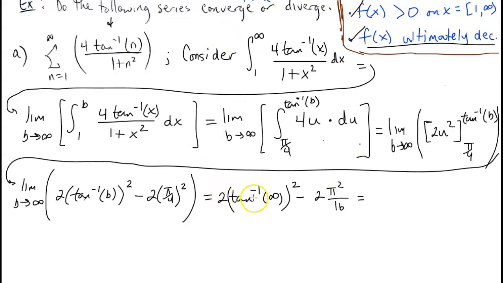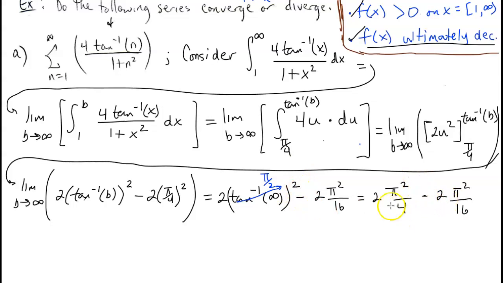And note here that the behavior of tangent inverse as it goes towards infinity, if you go back and look at the graph that we had, is going to approach pi over 2, or that upper horizontal asymptote. So, knowing that, this is just going to be 2 times pi over 2 squared, or let's say 2 times pi squared over 4. And then this will be minus 2 times pi squared over 16.